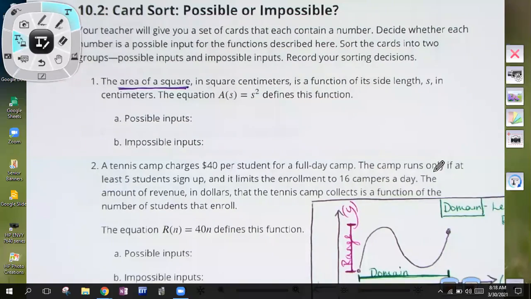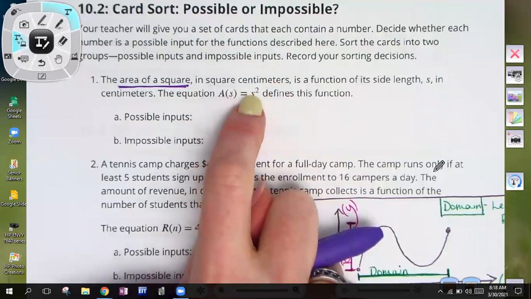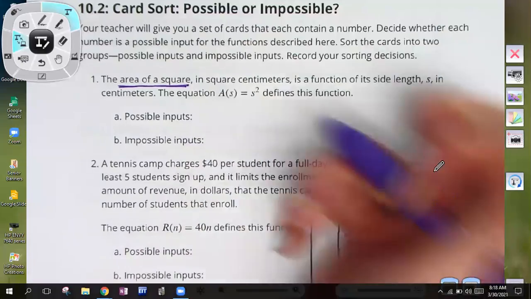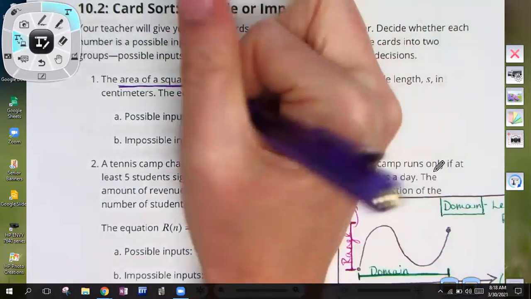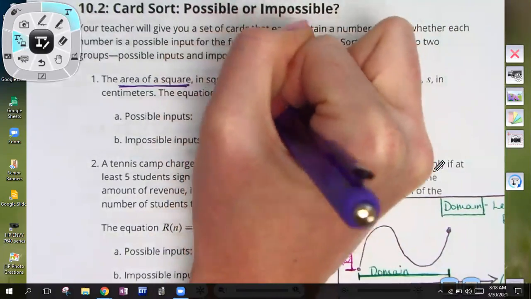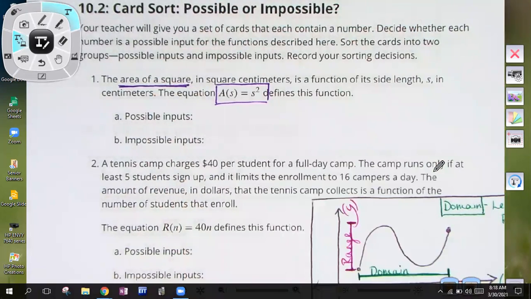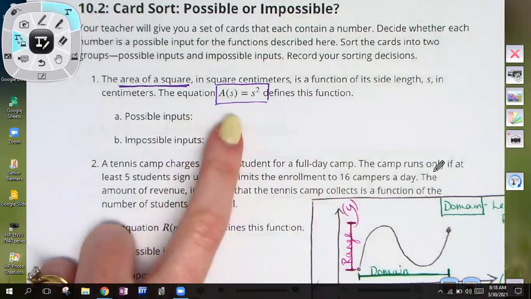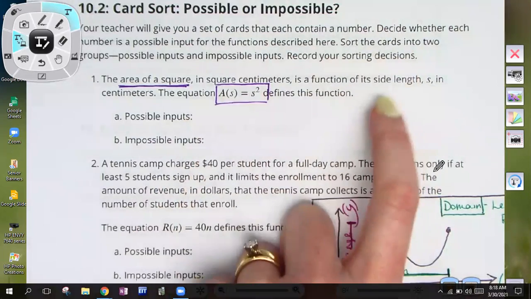So when we're finding the area, what do we do to the side lengths to find the area? Multiply. Length times width, okay? So if the side lengths are the same, we can just square them because it's the same number. Okay, so they gave us this little function here, where s in my input stands for the side length.